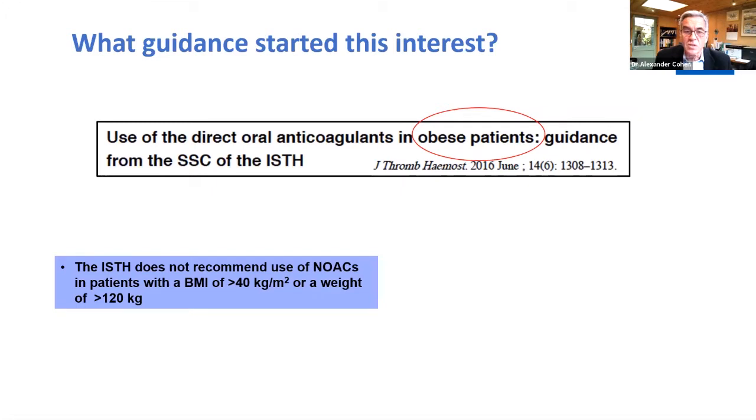And on the basis of that, the ISTH recommended that the use of DOACs in patients over a BMI of 40 or a body weight of 120 kilos were not really recommended unless you jump through some hurdles. It's a recommendation that's gone far and wide and has been adopted widely, and I'll come back to that too.